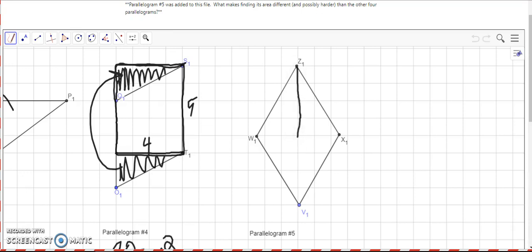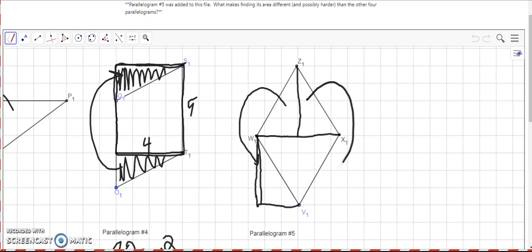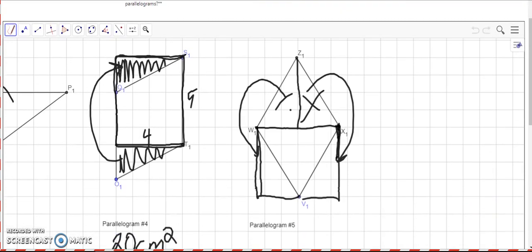What I can do is consider this being two triangles, take one triangle, move it to the bottom left side, take the other triangle, move it to the bottom right side, cross them out, and I look here, and I have 4 units for my height, and if I count across, 1/2, 1.5, 2.5, 3.5, 4.5, 5 units across, I now have created a rectangle with 20 square centimeters.